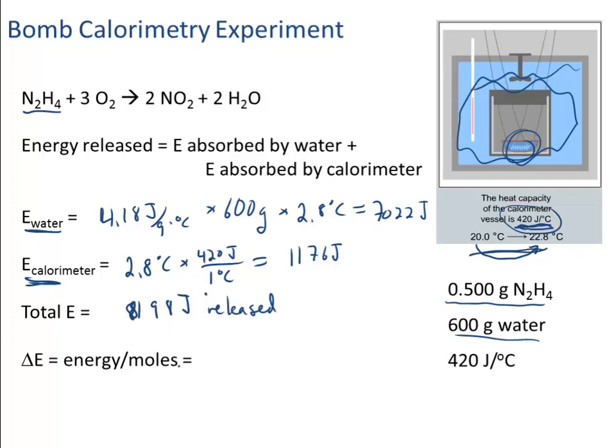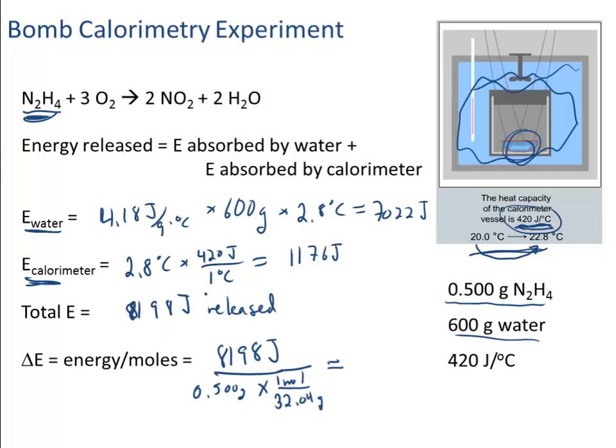So what we then have to do is we have 8,198 joules. We have to put that over the moles of hydrazine reacting. So it's 0.500 grams of hydrazine times 1 mole over its molar mass, which is 32.04 grams.